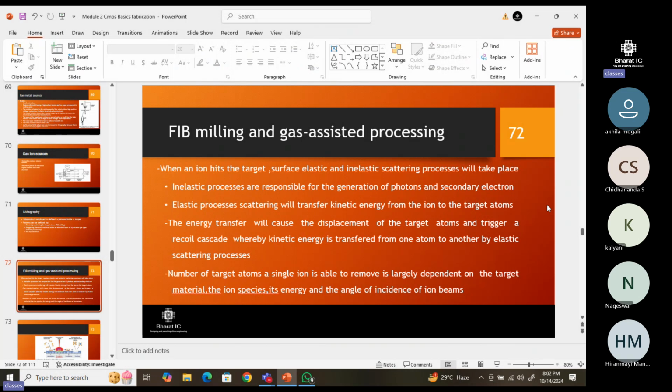The number of target atoms a single ion is able to remove is largely dependent on the target material, the ion species, its energy, and the angle of incidence of the ion beam.